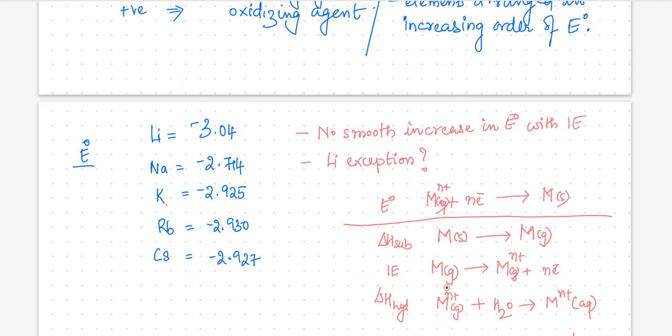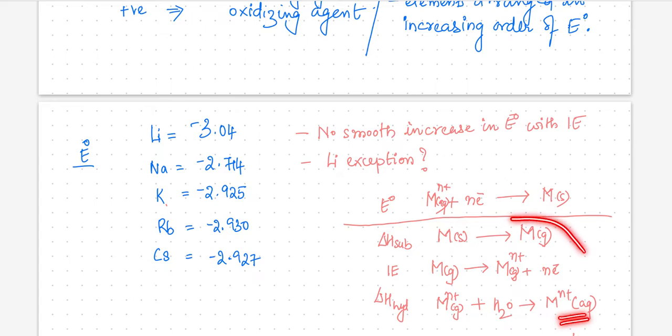ionization energy is basically M gas turning to M n plus gas plus electron. So before that, the solid needs to undergo sublimation to form the gas, and then the gas undergoes ionization to form the M n plus gas, and then the gas undergoes hydration to form M n plus aqueous.